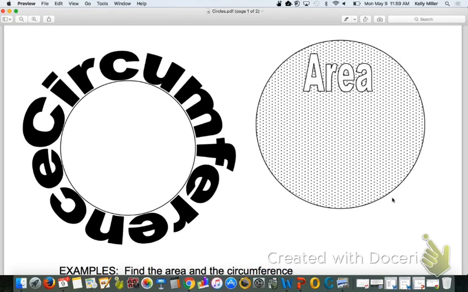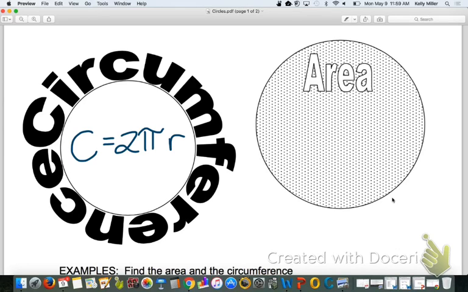To find circumference, we take 2 times pi times the radius. So 2 pi r is our circumference formula, which technically 2 times your radius is what part of a circle?